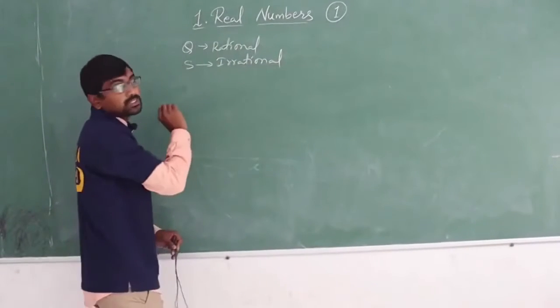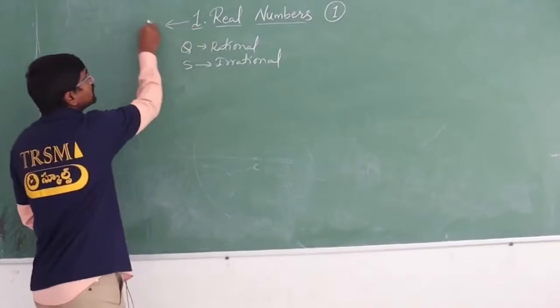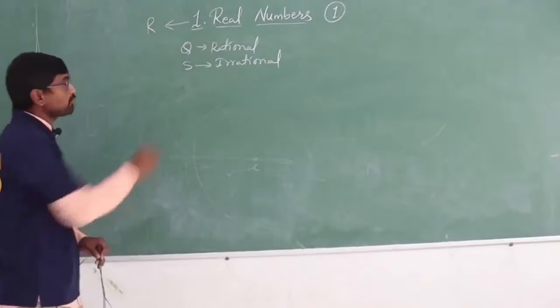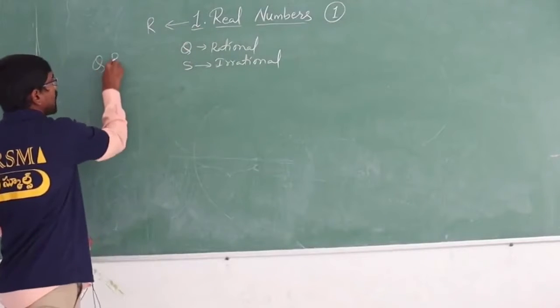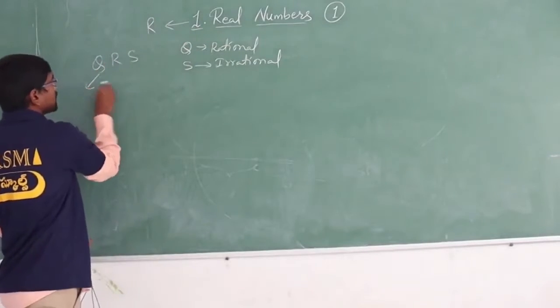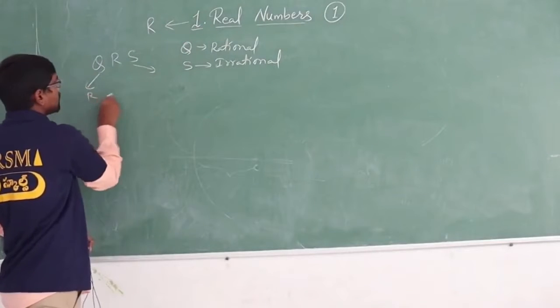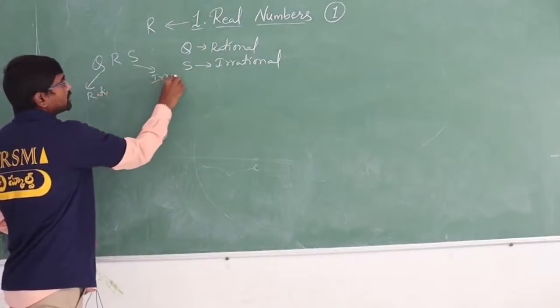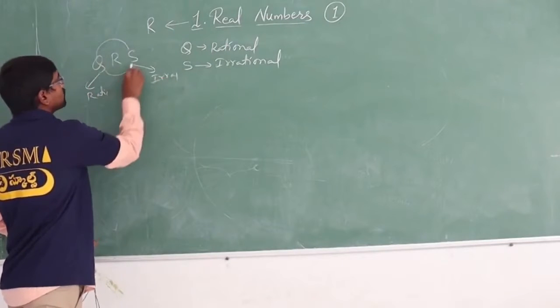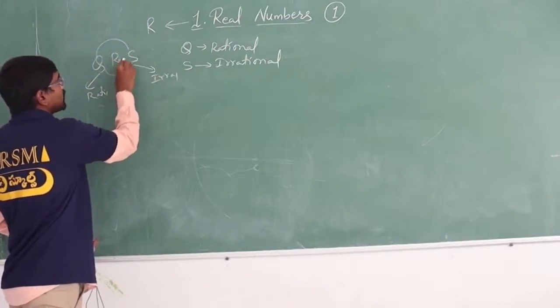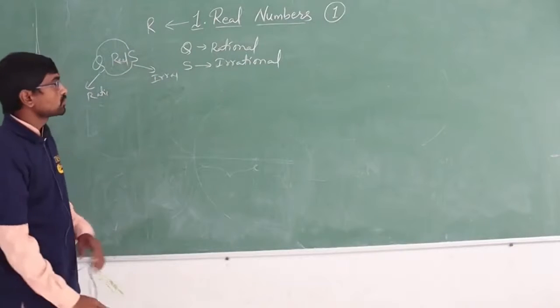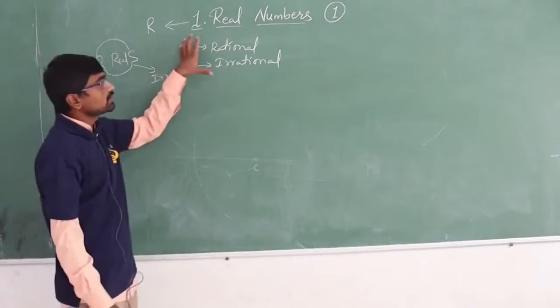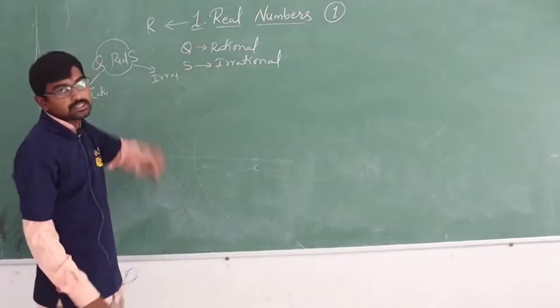Then what do we use to represent real numbers? The representation is R. In alphabetical order, Q, R, S. Q is rational, S is irrational, and the combination of these both is a real number.